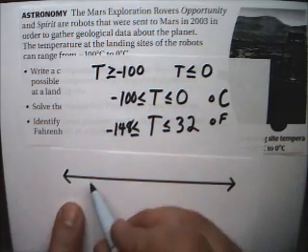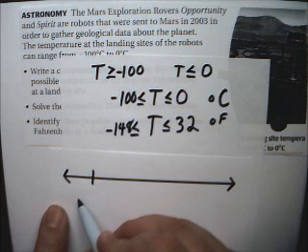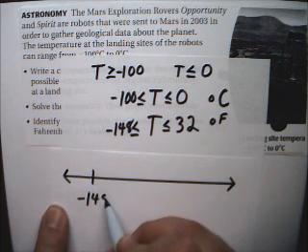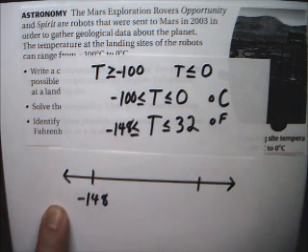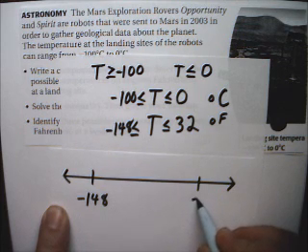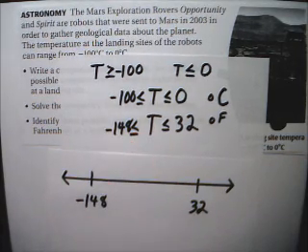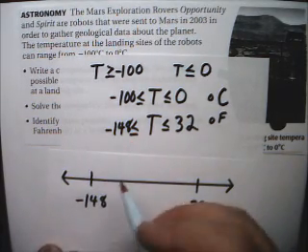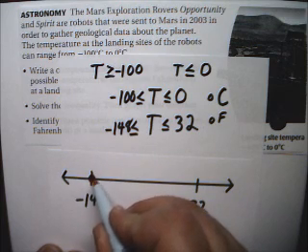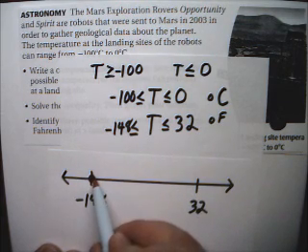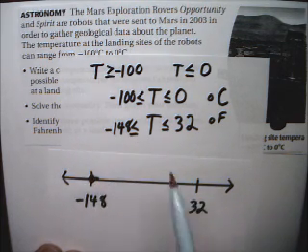So to graph this, if I have negative 148 over here and 32 over here, T is greater than or equal to negative 148, so a solid dot there, and it goes this way for everything greater.